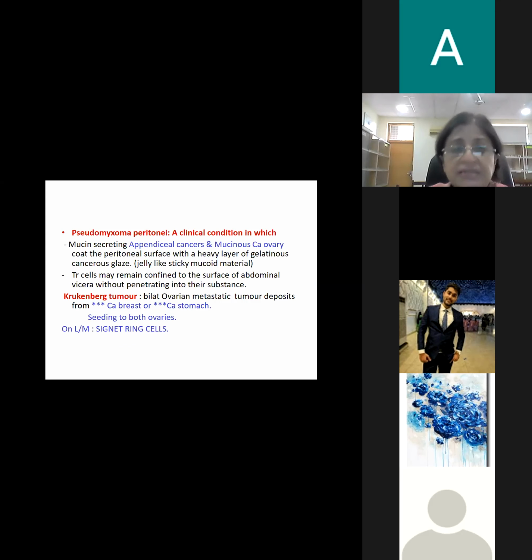Cancer of the stomach and cancer of the breast, they are notorious for producing distant mets, और इनके आमतौर पे distant metastatic deposits जा रहे हैं to both the ovaries, and those ovarian tumors, bilateral ovarian tumors which are of metastatic origin, they are known as Krukenberg tumor.